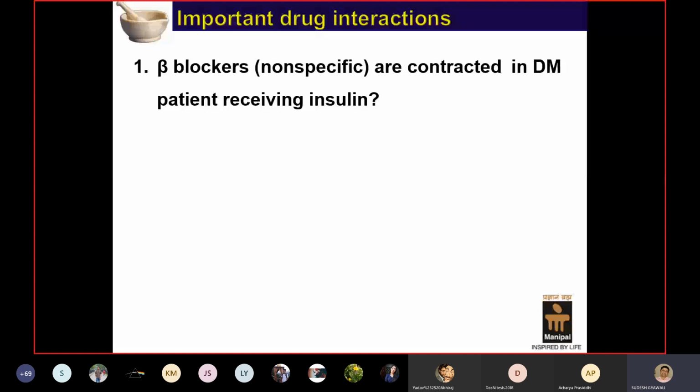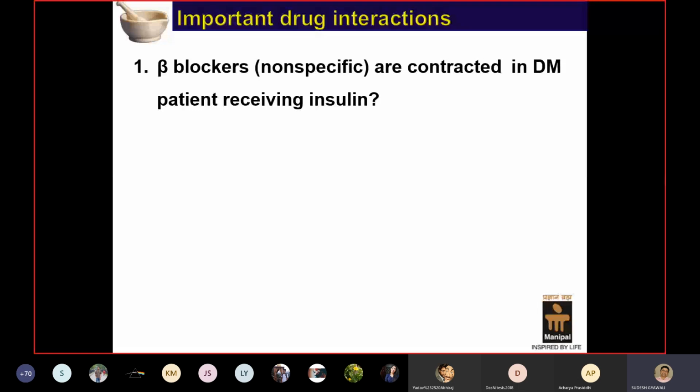Got it? So if you use this non-specific beta blocker in these patients, when there is hypoglycemia, the beta 1 and beta 2 receptors will be blocked. So what will happen? The symptoms will be masked, the symptoms will not be seen.